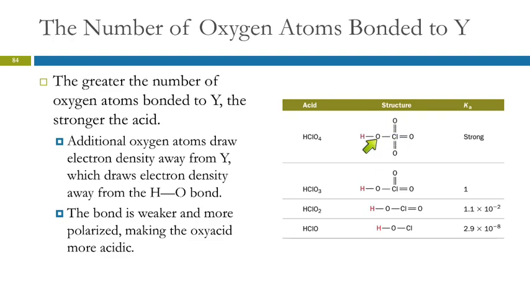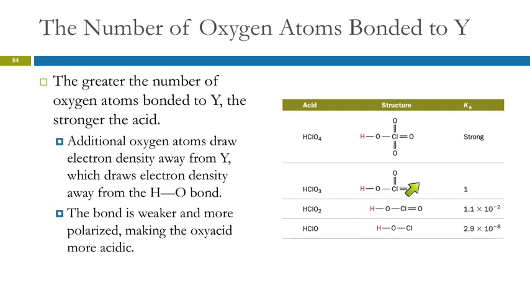All of these are contributing to pulling away electron density and making this bond especially weak. So this will readily lose a hydrogen ion. HClO3 is a weak acid. Its Ka is 1, so it's roughly 50% that it ionizes.